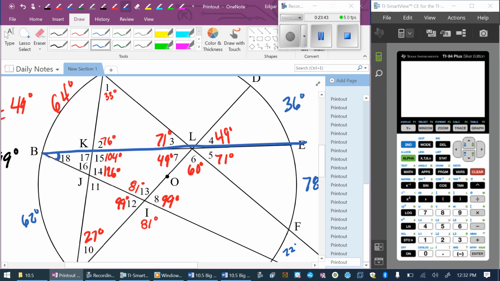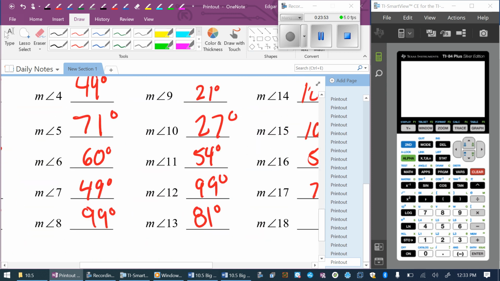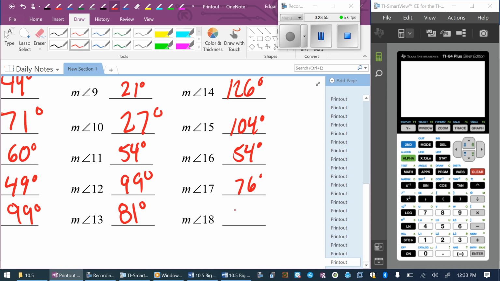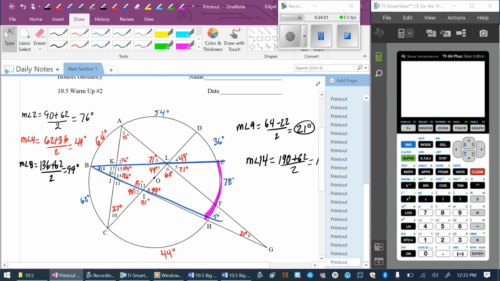Here is my intercepted arc right here. So that would be 78 plus 22. That gives me 100. So 100 divided by 2 is going to give me 50 degrees. I really wish there was a little bit more room in my big circle here, guys, to place everything. But this is exactly what I mean by the big circle, guys.